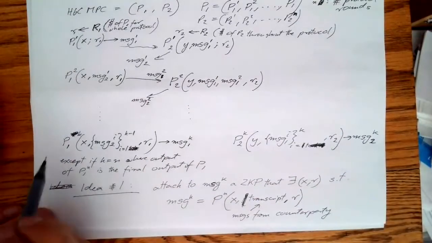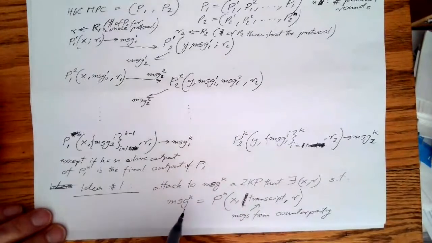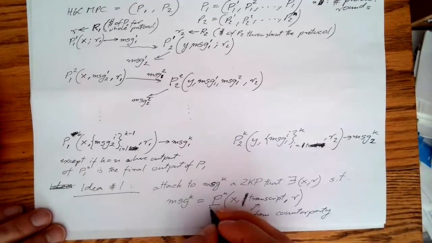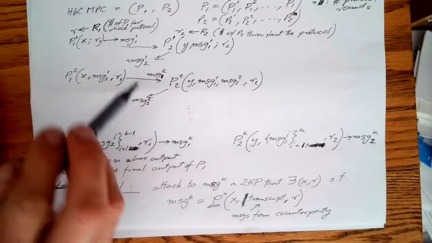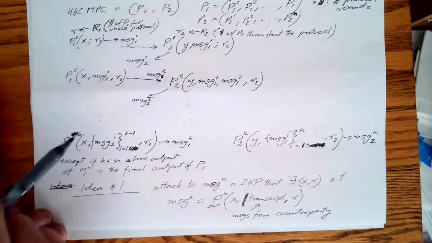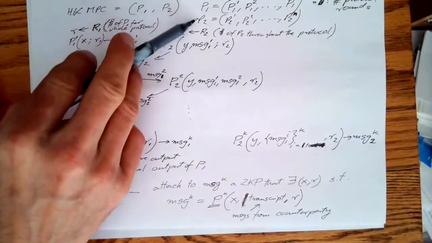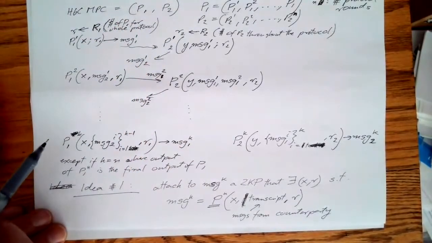I'm not differentiating between what P1 and P2 do. You see that it's symmetric, right? It's just some party following the protocol, which is known. Everybody knows the protocol that a party is supposed to follow in GMW. What is the protocol that the party is supposed to follow in Yao?